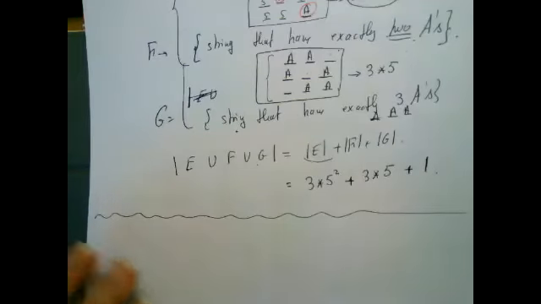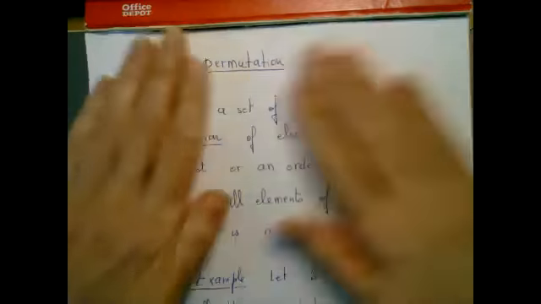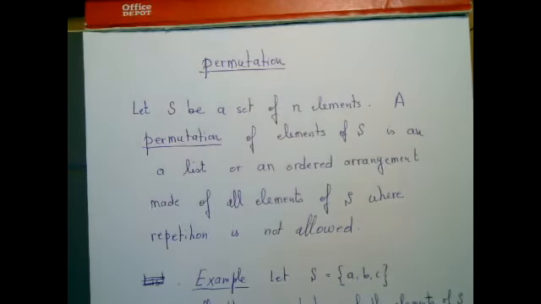So today we're going to learn something that we've already been doing, but it just has another fancy name. We're going to talk a little bit about permutations. Okay, so slowly. What's a permutation?